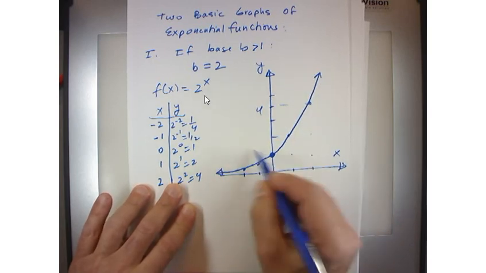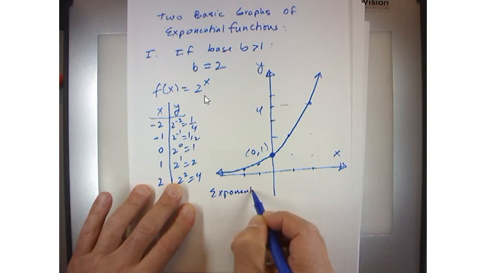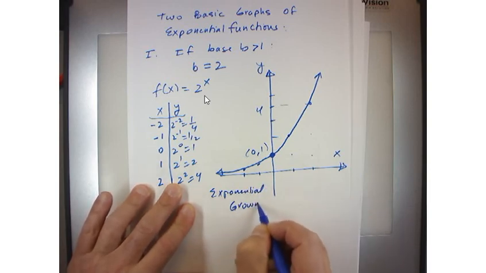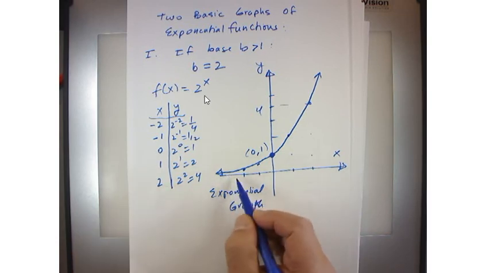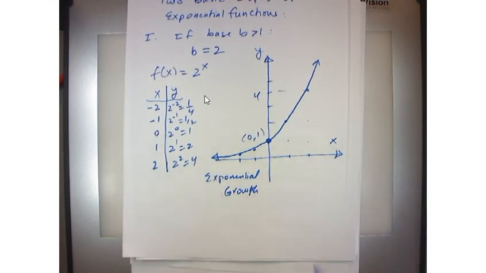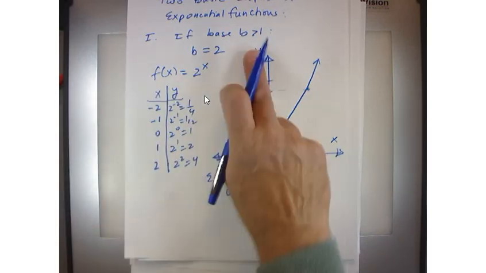It's an example of exponential growth. It's going up as you look at it from left to right. It has a y-intercept at 1. It goes along the negative x-axis, which means the negative x-axis is a horizontal asymptote. And it doesn't have any x-intercepts. And that's a case of the base greater than 1.